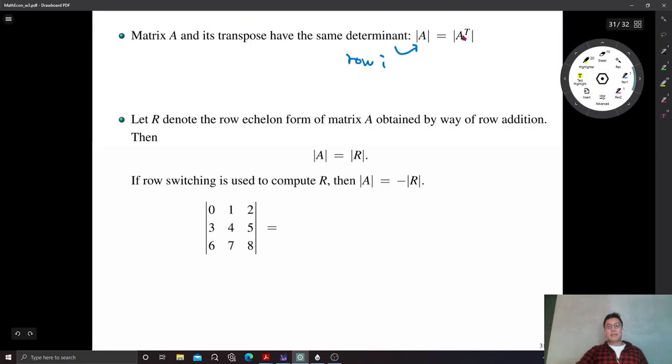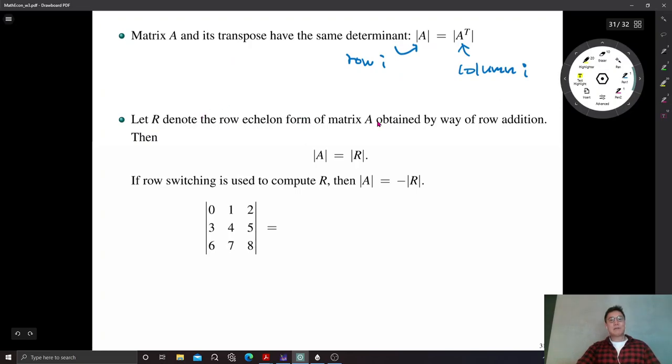And for the transpose, we do Laplace expansion by column i. By the property of transposition, row i in the original matrix is the same as column i in the transpose. So we do have the same expression of Laplace expansions, so same linear combinations, so same determinant. So the transpose has no impact on the determinant. Okay, that's the fourth one.